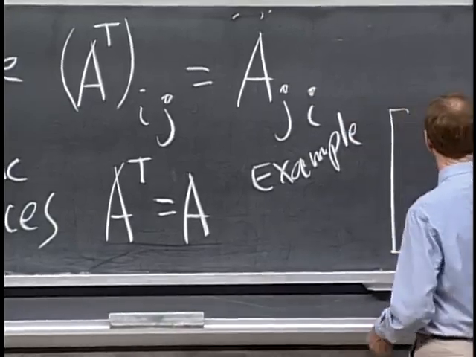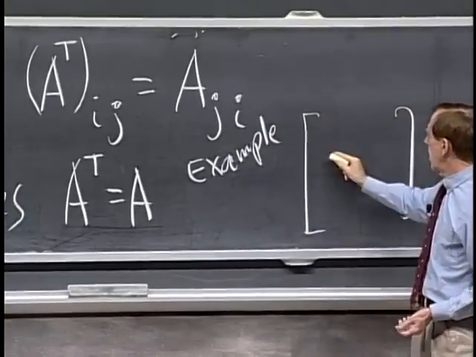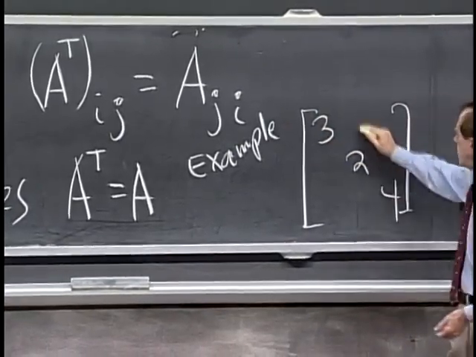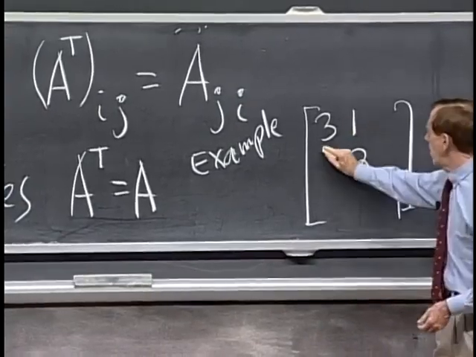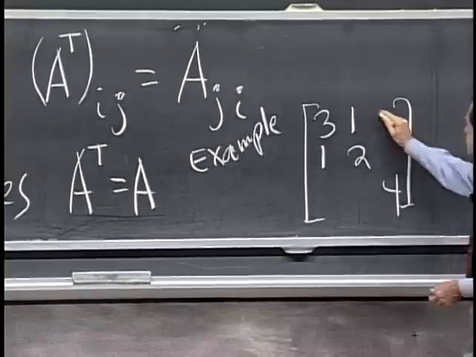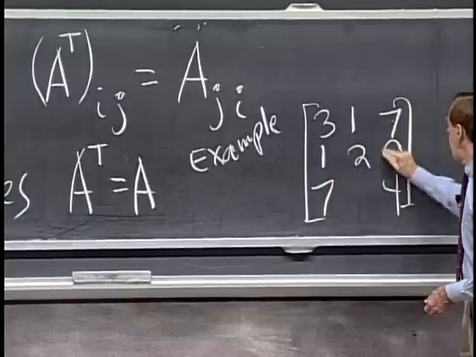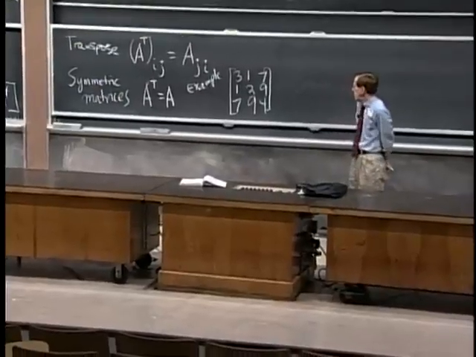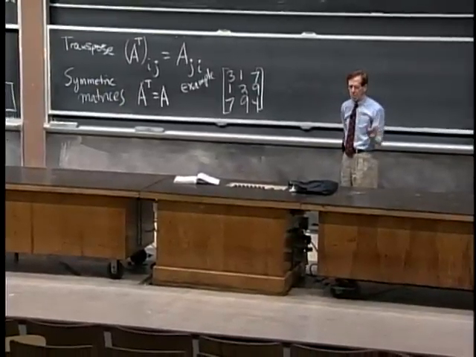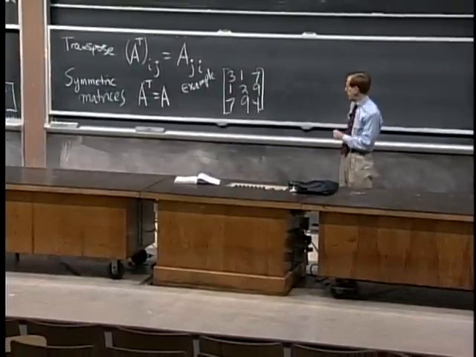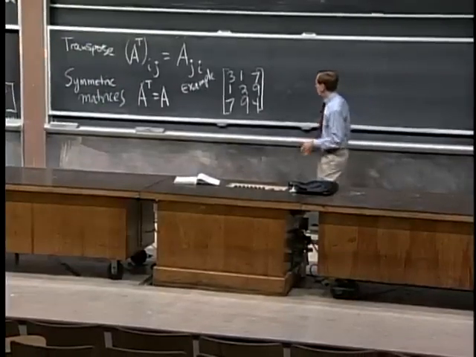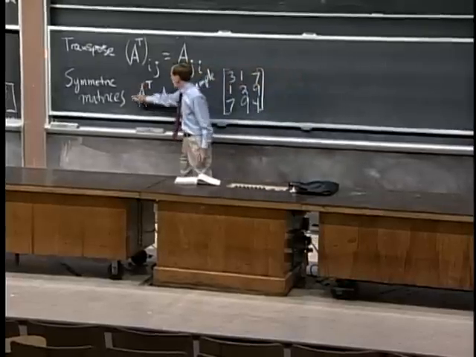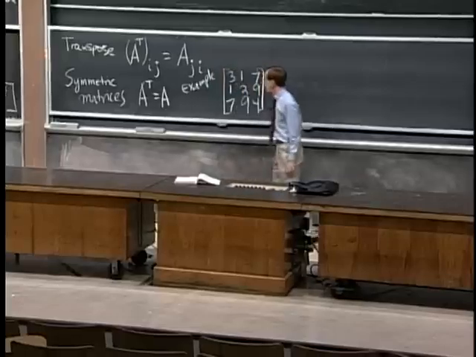So let's take a matrix that's symmetric, so whatever is sitting on the diagonal, but now what's above the diagonal, like a 1 had better be there, a 7 had better be here, a 9 had better be there. There's a symmetric matrix. I happen to use all positive numbers as its entries. That's not the point. The point is that if I transpose that matrix, I get it back again.